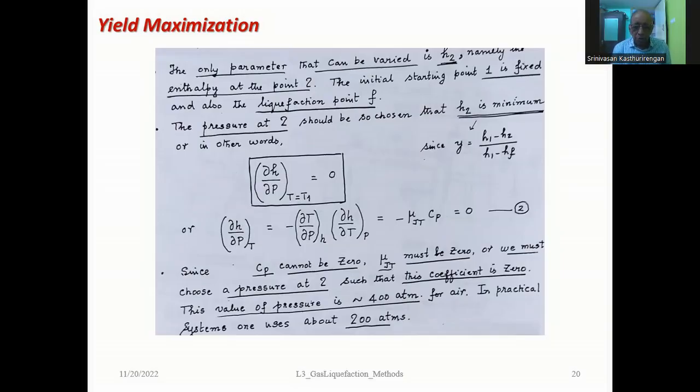The first term is the coefficient of Joule-Thomson expansion, and the second term is nothing but Cp. Now Cp cannot be 0, but mu JT can be 0. The coefficient can be 0.